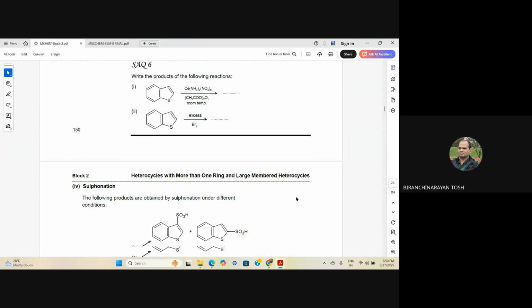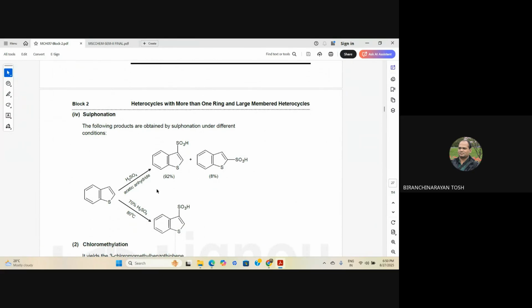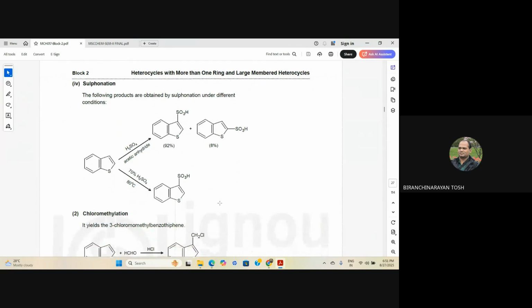Okay. Then regarding sulfonation, when it reacts with sulfuric acid in acetic anhydride, we get a mixture of 3- and 2-benzothiophene sulfonic acid, with 3 position in 92% yield and 2 position only 8%. But when we use 70% sulfuric acid at 80 degrees, we get only the 3-benzothiophene sulfonic acid.